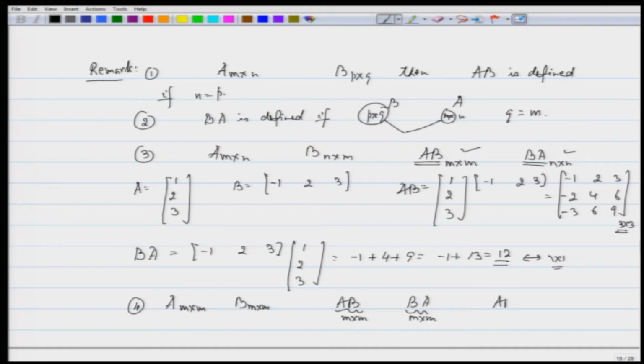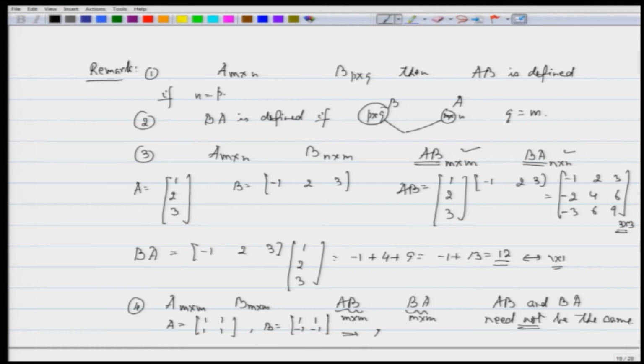So, AB and BA need not be the same. Let us look at an example here. I will take A as 1, 1, 1, 1 and B as 1, minus 1, 1, minus 1.